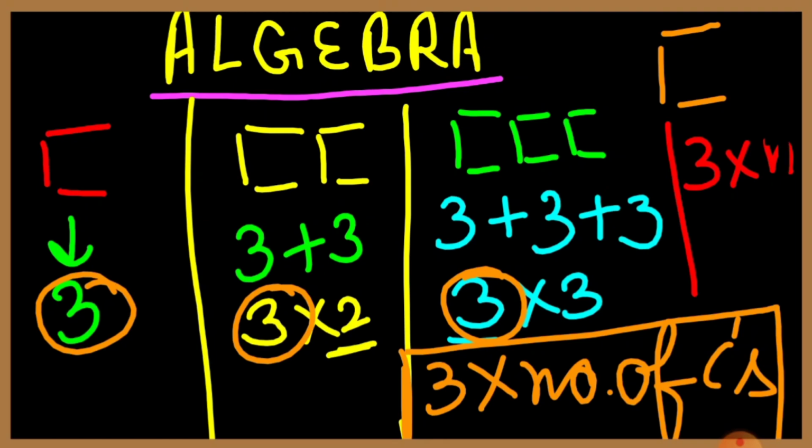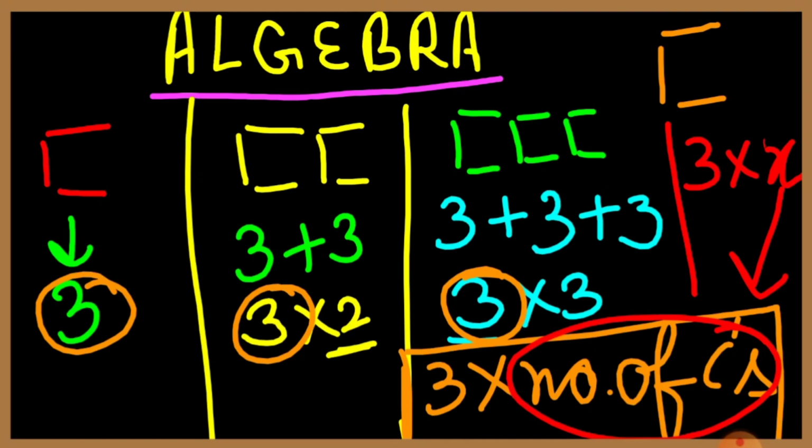Let's use another alphabet now. Instead of n, I am going to use x, and you have to tell what x is. x is the number of C's in this pattern, right? So this is, students, how we make a rule.